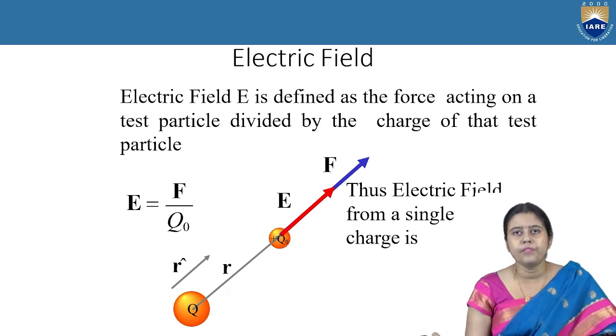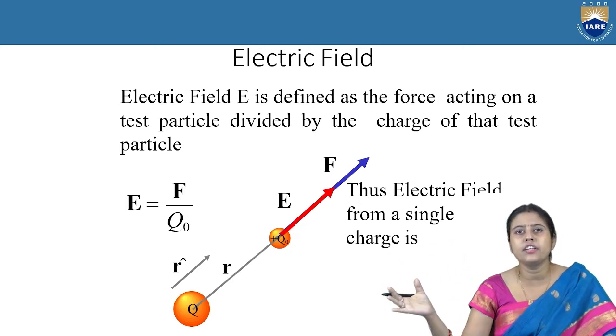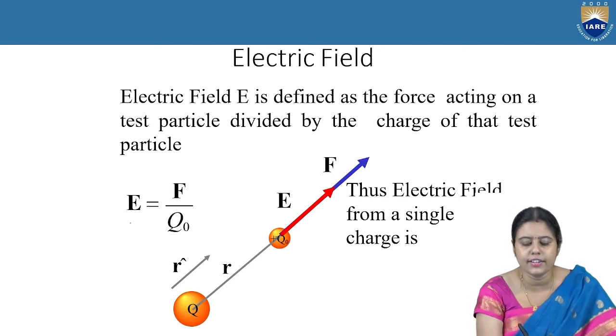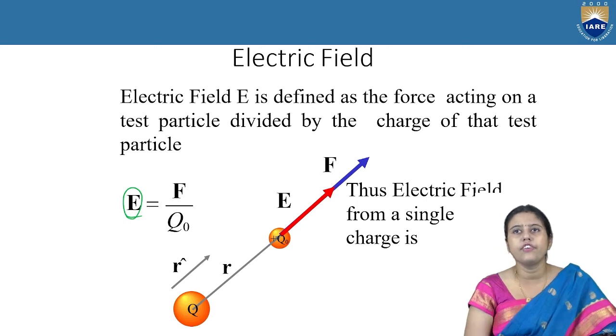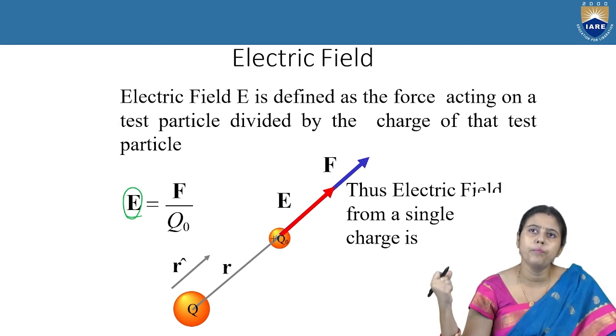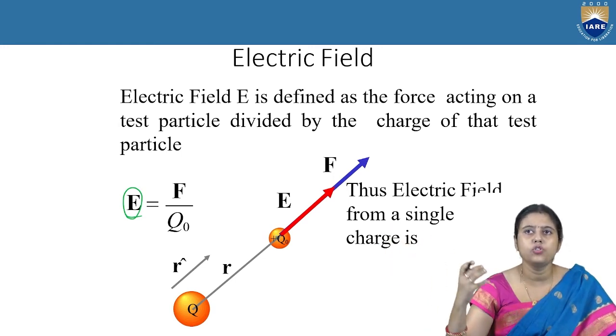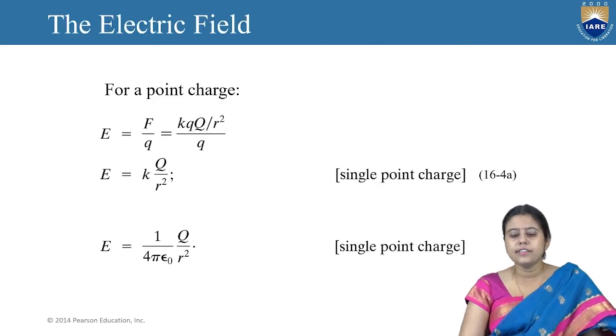If we want to bring one unit charge from infinity to that field, we can call it the electric field intensity. Electric field intensity can be written as F by Q. What is Q? Q is the unit positive charge, the amount of charge to bring from one far point to a near point.